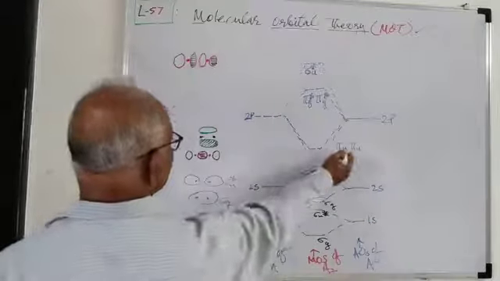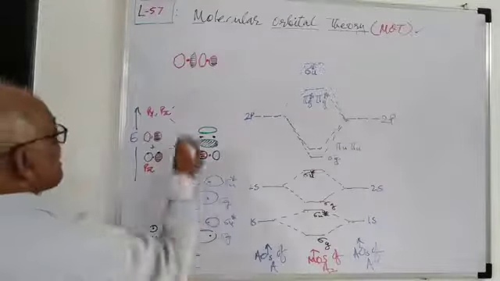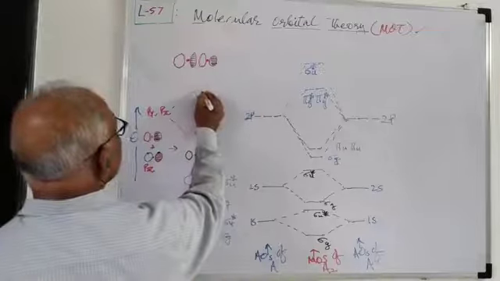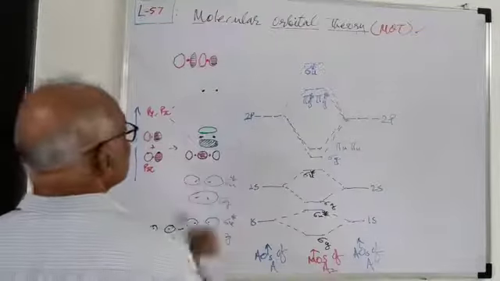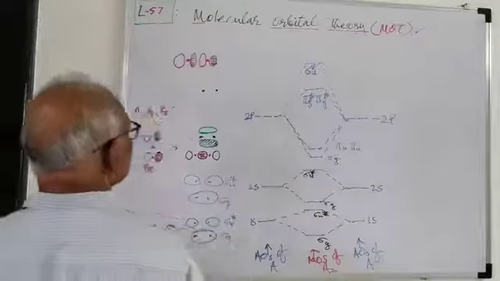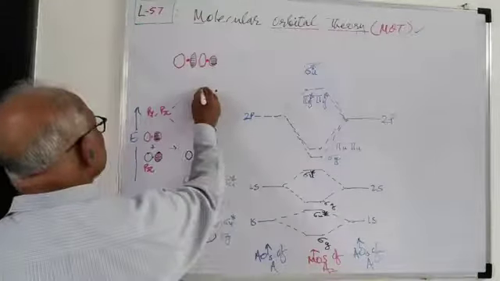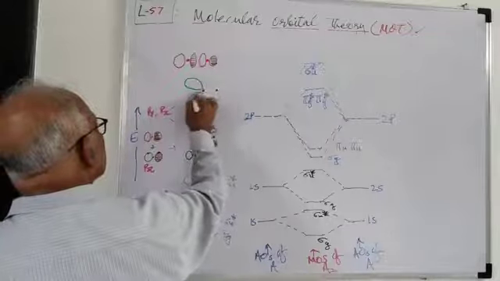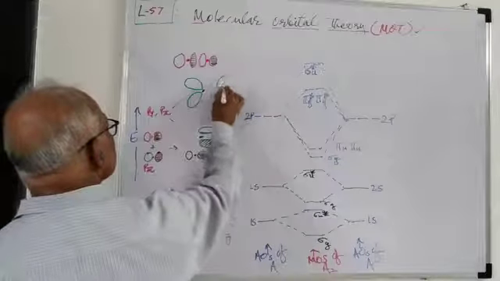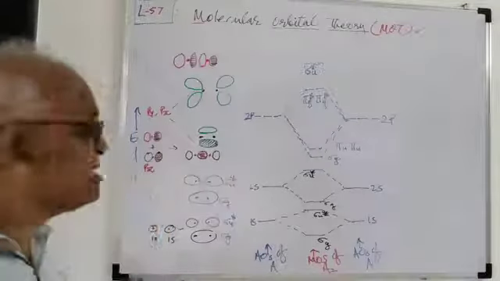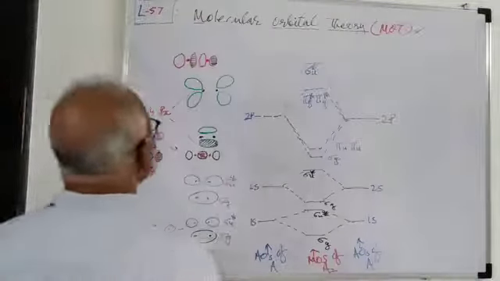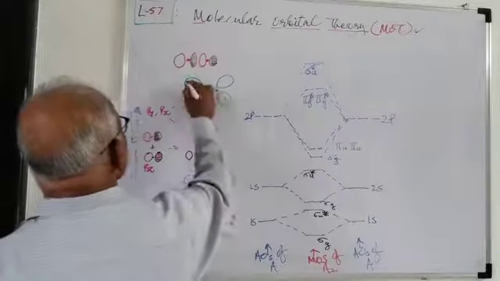Similar is the case of another pi. Here in case of antibonding molecular orbitals, we will have the antibonding molecular orbitals of this way. So we can have the lobes like this. We can show the lobes in this way also.